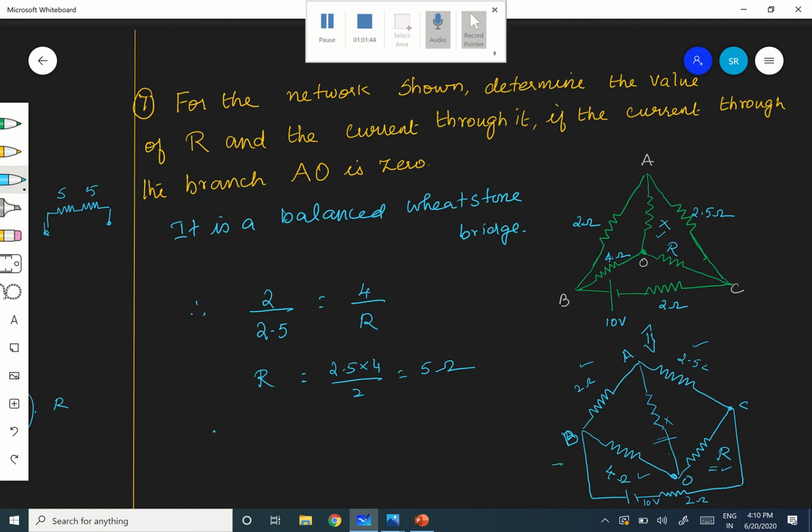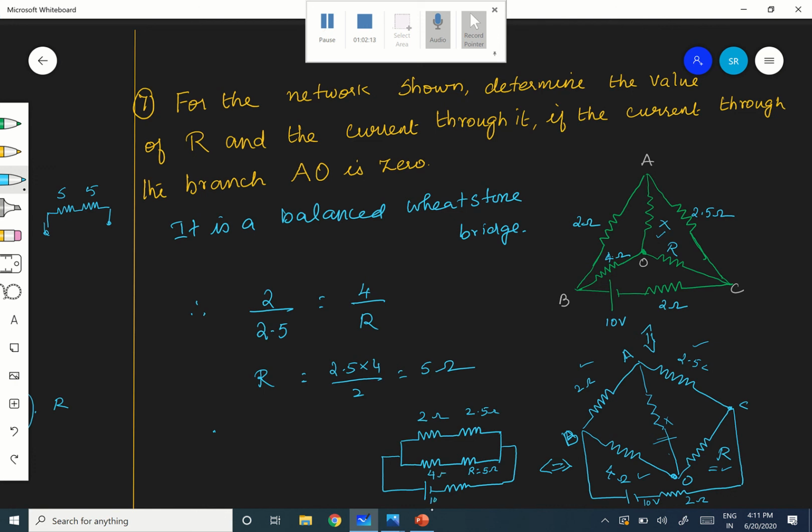Now you tell me what is R. If you want, I can draw once again. This is the equivalent circuit. Clear? It is 2 ohm, this is 2.5 ohm, this is 4 ohm, and R is equal to 5 ohm.